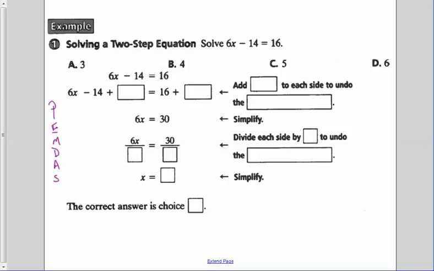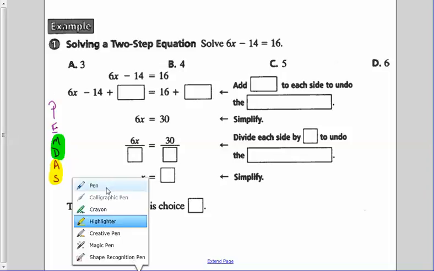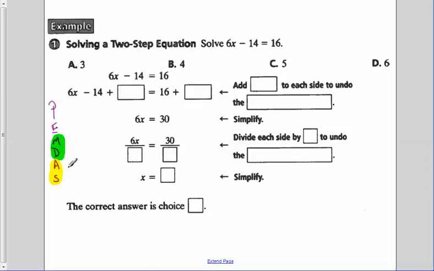I'm really only focusing on addition and subtraction, and then multiplication and division. In this situation, I'm going to work backwards, so I'll do my addition and subtraction first, and then I'll do my multiplication and division.